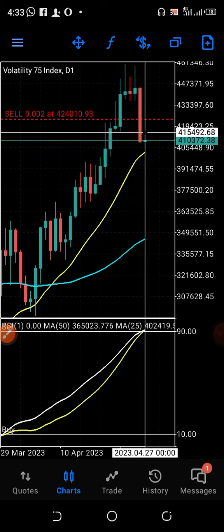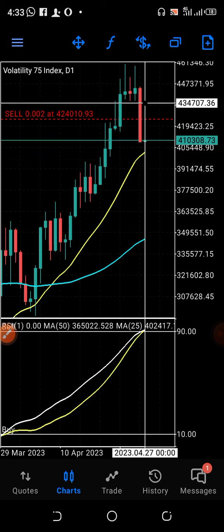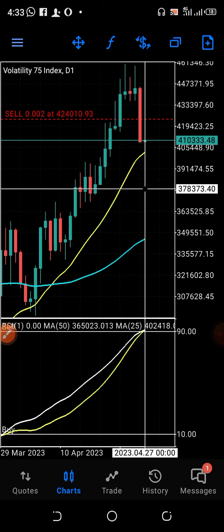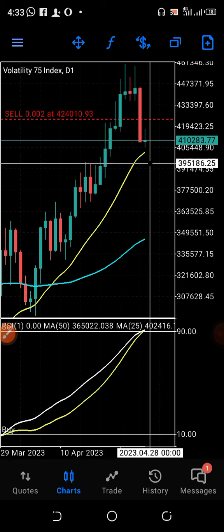And if I should place my stop loss and my TP here, the market may pull back again, which may force me to close the market. So that is why I practically leave it empty, so that if what I'm seeing is not giving me joy, then I will close my trade.